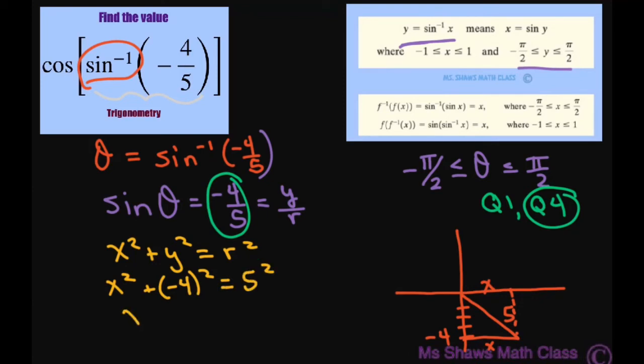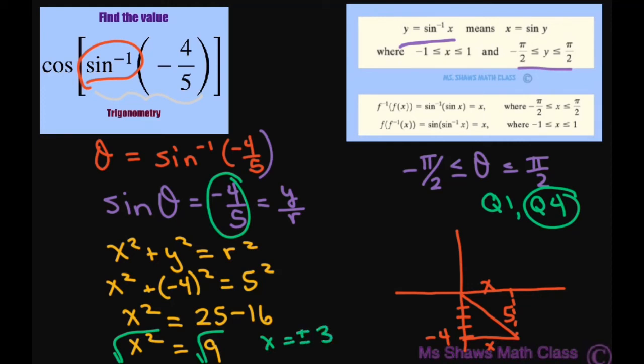Therefore, x squared equals 25 minus 16. So x squared equals, not plus or minus, it's just 9 right now. When you square root both sides, you're going to get x equals plus or minus 3.